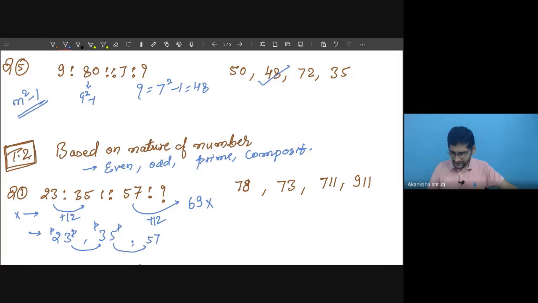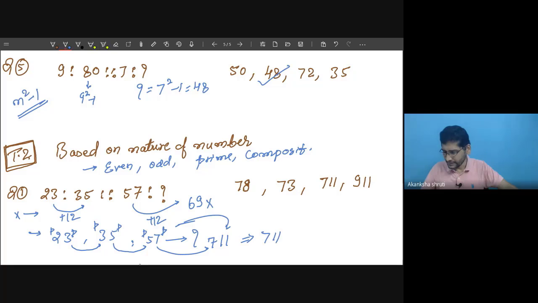Here this 5 is also followed. So I need the next prime to 7. What is the next prime to 7? So 7 has to be copied as it is, and the prime number next to 7 is 11. So the answer is 711, and this is in the options.